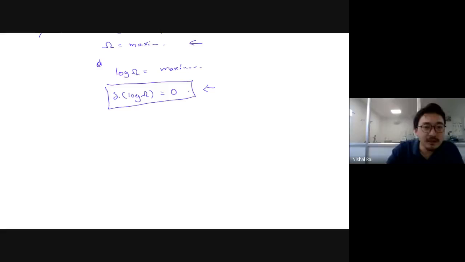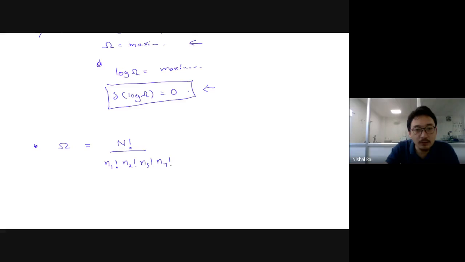Now everything is here. Now we have to know what the distribution or total number of microstates omega is given by. For cells of equal size it is given by n factorial divided by n1 factorial, n2 factorial, n3 factorial, and so on and so forth. Do you all remember this?